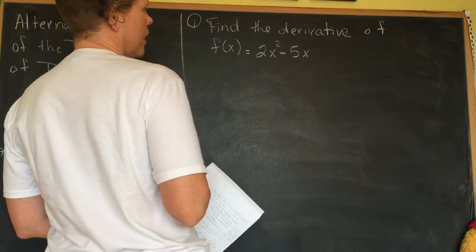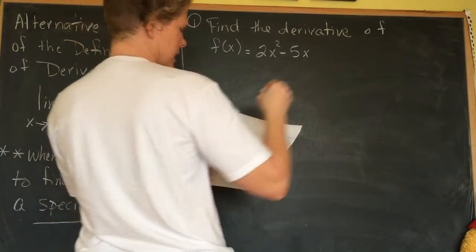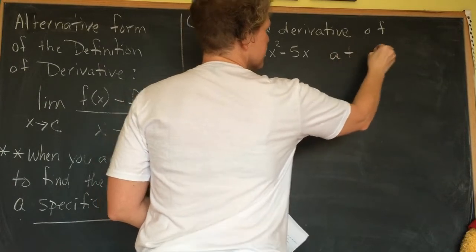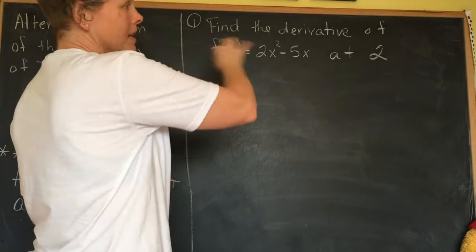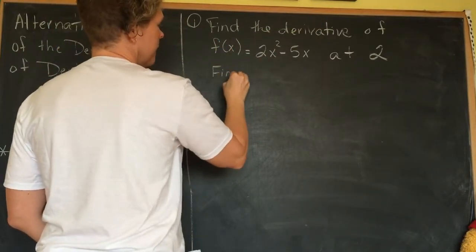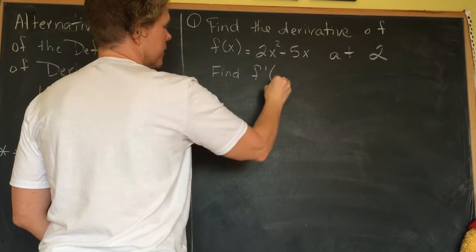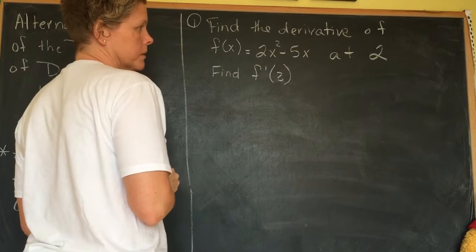Find the derivative of f of x equals 2x squared minus 5x at 2. Another way of saying all of this would be to say, find the derivative of the function at 2, so f prime of 2.